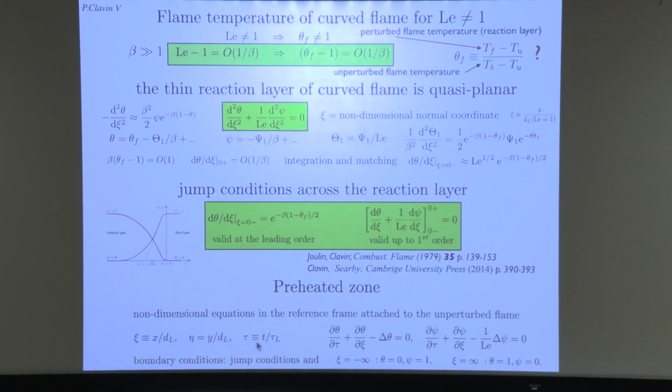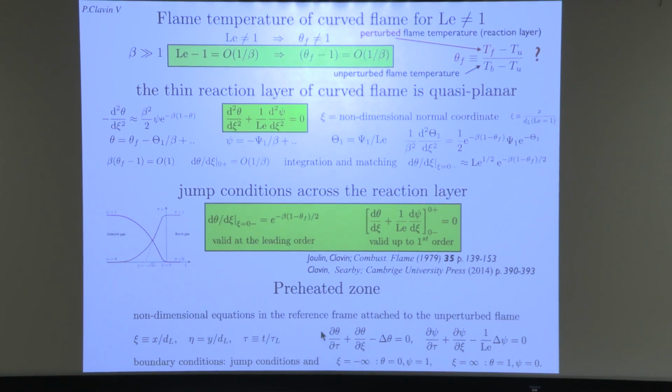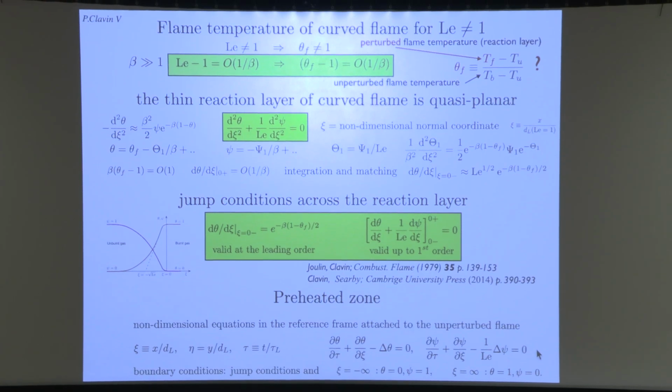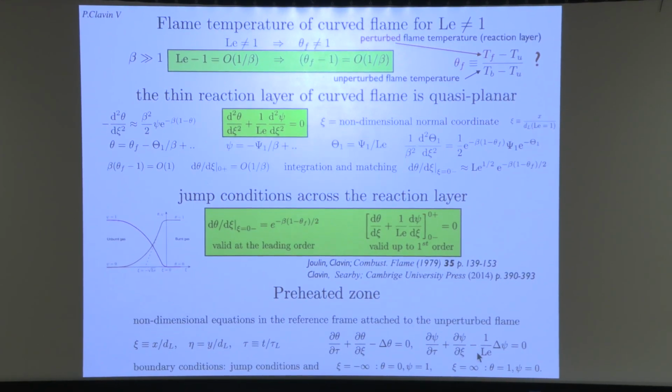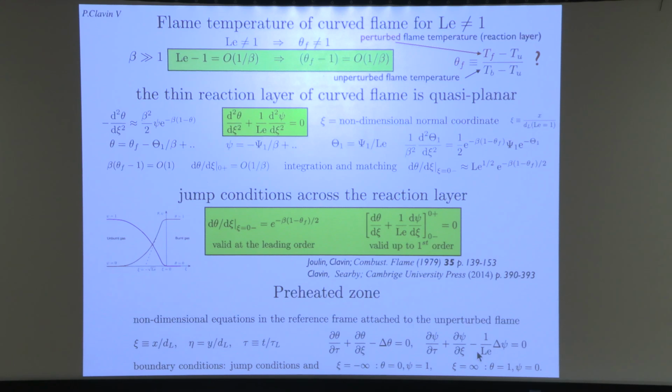The time should be divided by the transit time of a fluid particle across the flame, which is simply the flame thickness divided by the laminar flame speed. And then you have the reduced equations written here. The only parameter you have now is the Lewis number. For mathematicians, it's good to know that you have only one parameter in your system of equations.